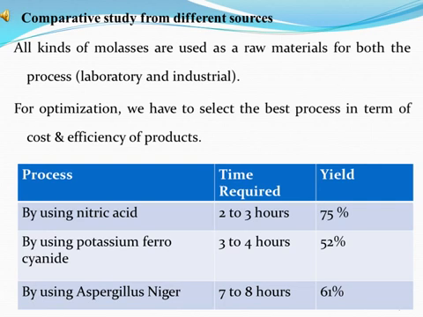First of all, when we use nitric acid, the time required to complete this process is 2 to 3 hours and we get the yield of 75% of oxalic acid. Similarly, by using potassium ferrocyanide, the time required for this process is 3 to 4 hours and we get the yield of 52% of oxalic acid.